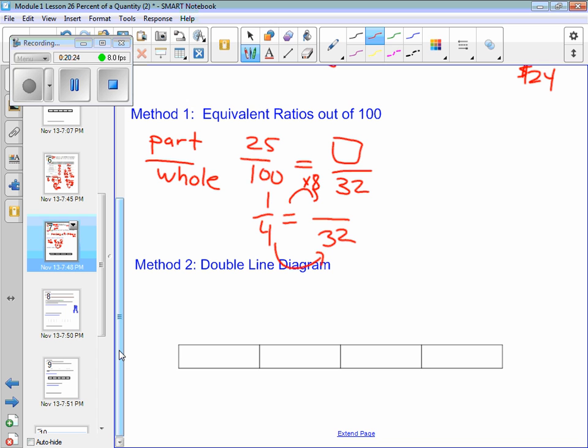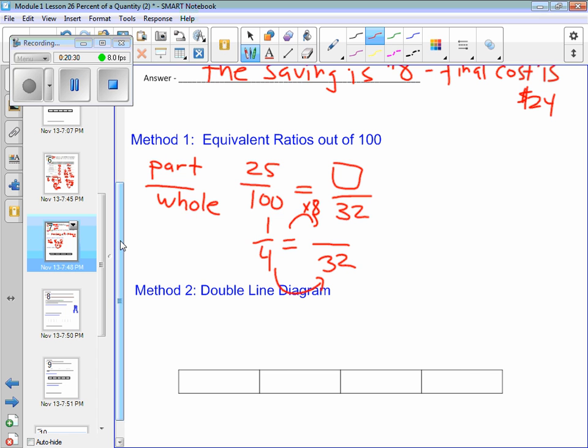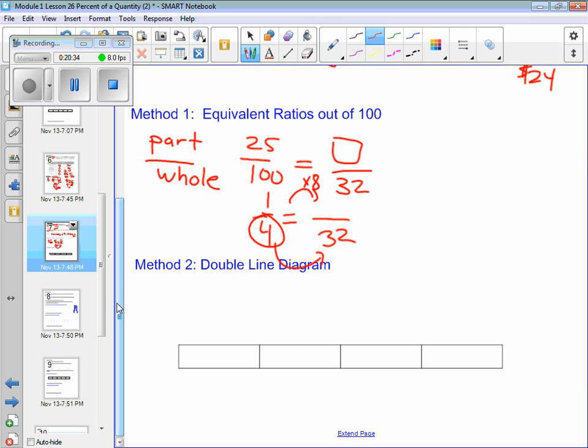If you do the double line diagram, it will work best after you've reduced your fraction. When you've got 1/4, you divide your line up by fourths. If this is going to be percentage, then this is going to wind up being dollars. 0 to 100.